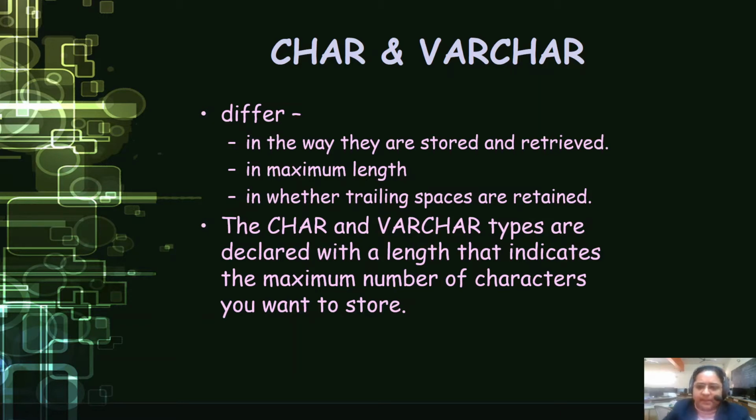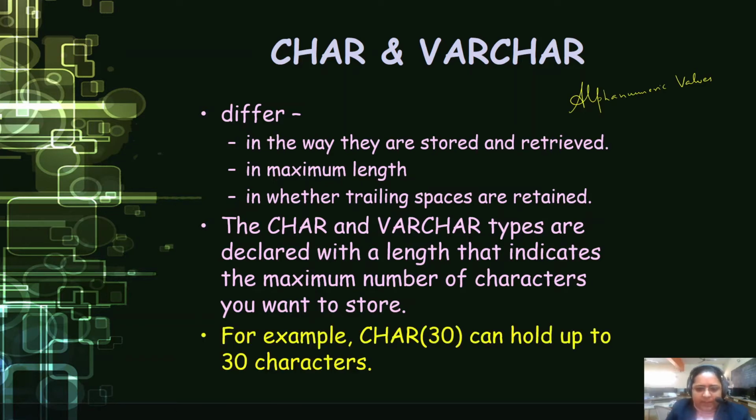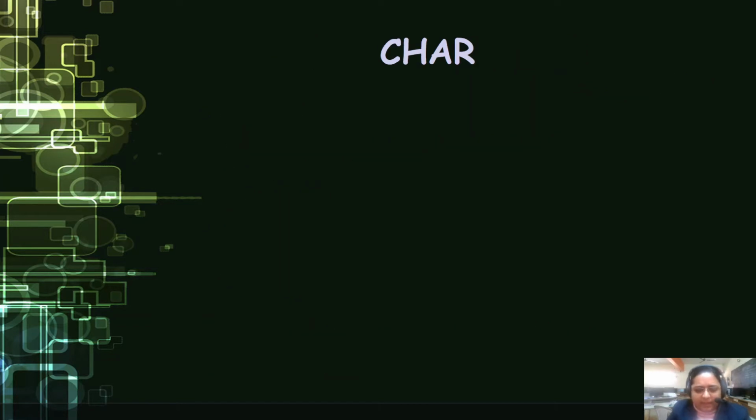As it is clear, they are used to store alphanumeric values, that is all alphabets, whether uppercase or lowercase, digits which are recognized as text, and special symbols, printable as well as non-printable. For example, char 30 can hold up to 30 characters.